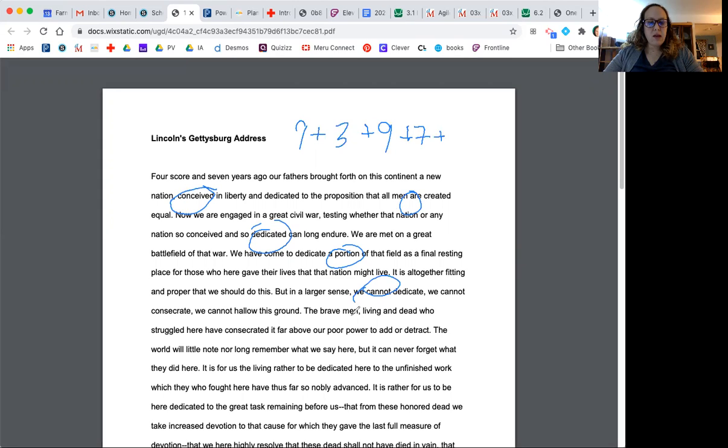And then cannot has 6. So we'd add those up and divide by 5 words to get our number that we would put on the class dot plot if we were in person.